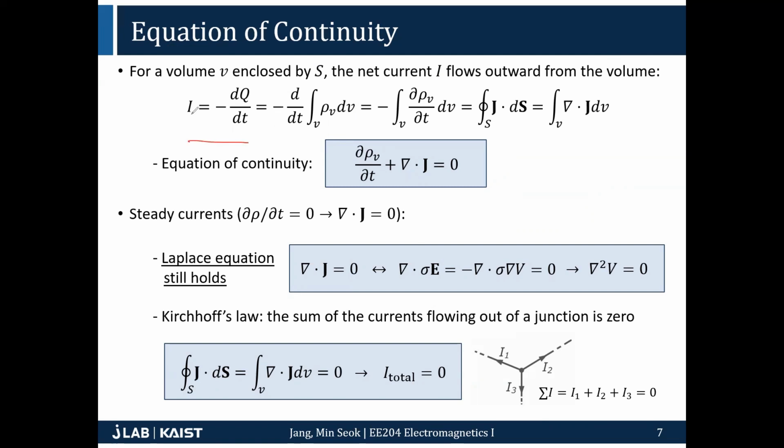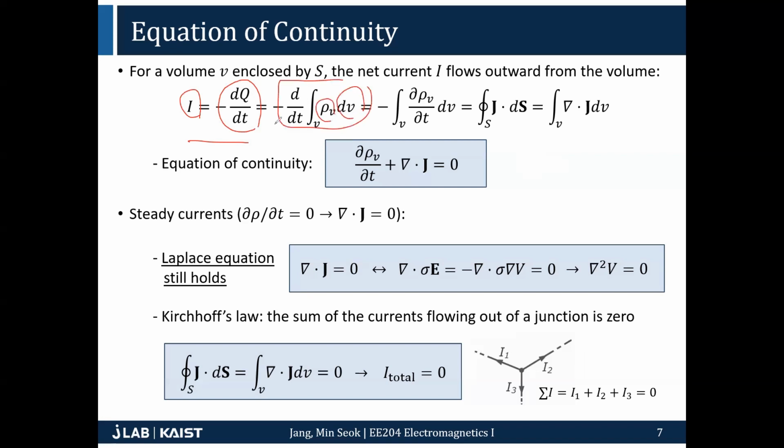The current I is minus dq/dt, the charge loss per time in a given volume, and q is the integral of rho dv.